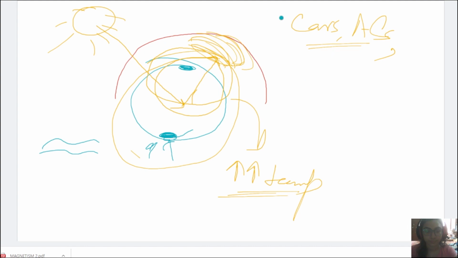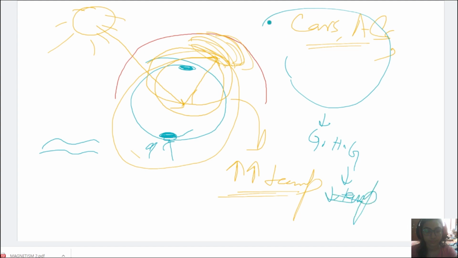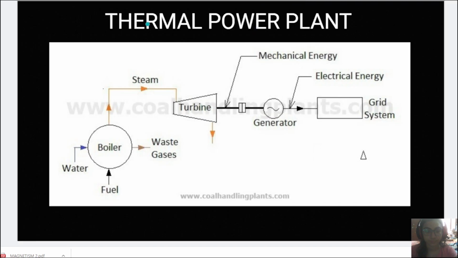So we need to stop or limit the use of these appliances so that there are fewer greenhouse gases and less increase in temperature. The damage that has already been done, we can't undo it. Sorry, but we can limit ourselves from now.